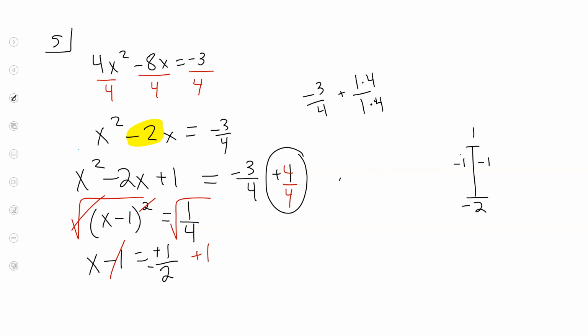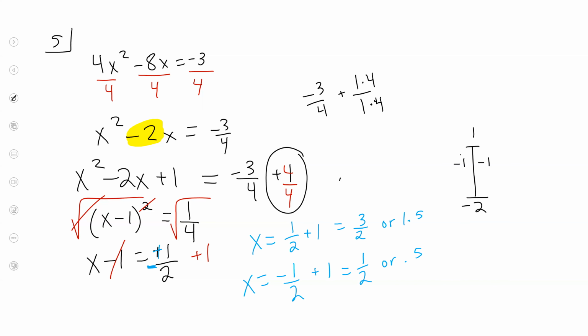My first answer will be x equals a half plus 1, and my other answer is negative a half plus 1. You get a plus answer and a negative answer, so you get 2 different answers. The top one will be 3 halves, or 1.5, however you want to write it, and this one will be a half, or 0.5.